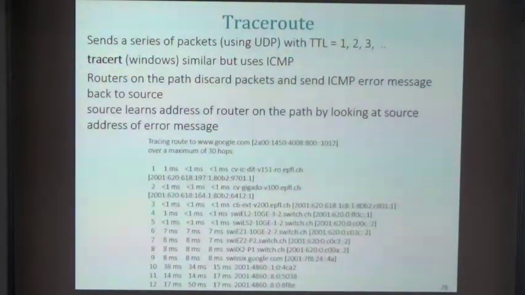Are we sure that this is the path followed by all the packets that I may send from me to google.com? No, we're not sure. If there are parallel paths, and usually there are, then each of those results comes from a different packet being sent.